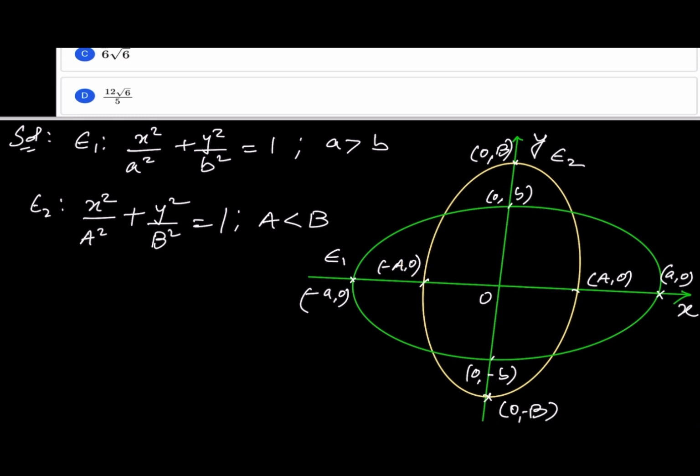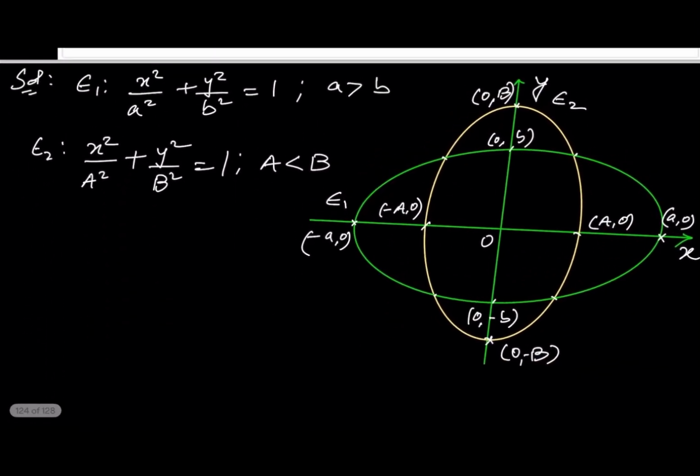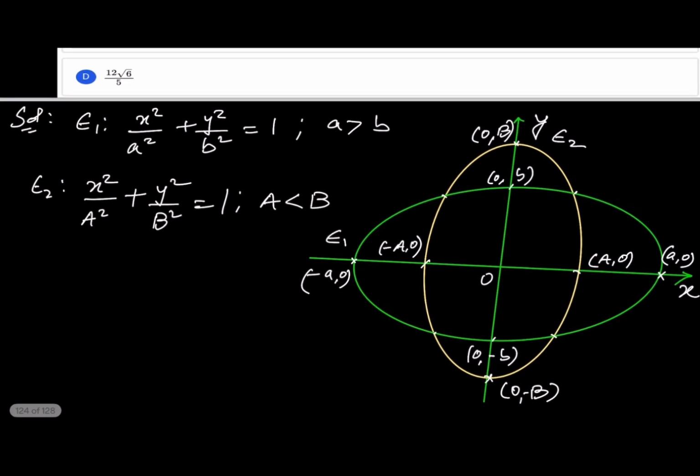Now we want the points of intersection, which are mentioned in the question as A, B, C and D. So let's say A, B, C and D. But from the figure, as the figure is symmetric in all four quadrants, if I know one intersection, then by symmetry I can get all four.